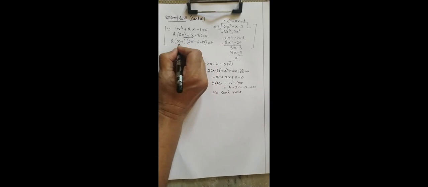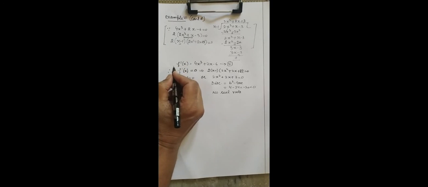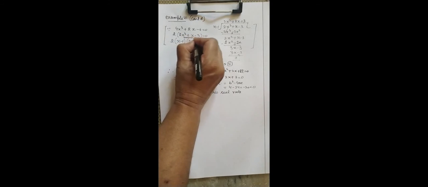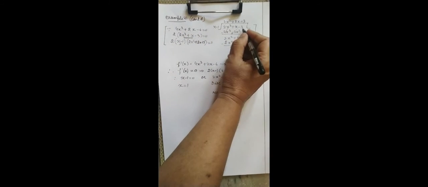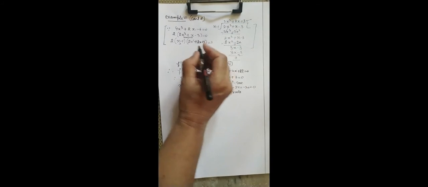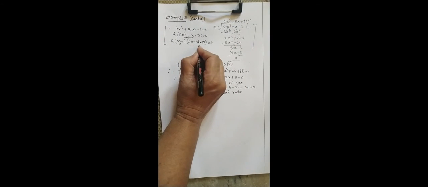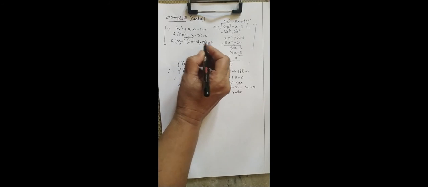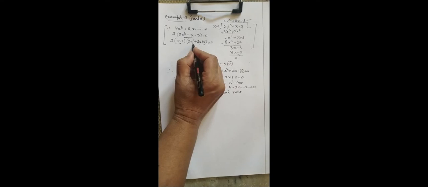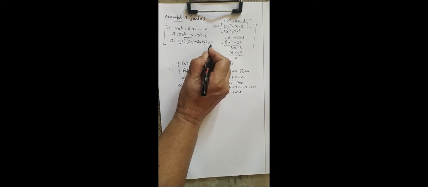So x minus 1 will be a factor of this expression. Now for finding the second factor, I will divide this expression by x minus 1. Dividing, I obtain that the second factor is 2x square plus 2x plus 3. That means this can be written as (x minus 1) into (2x square plus 2x plus 3) equal to 0.